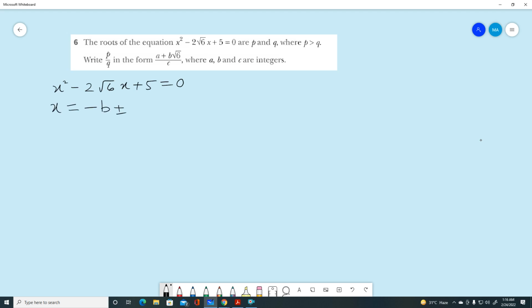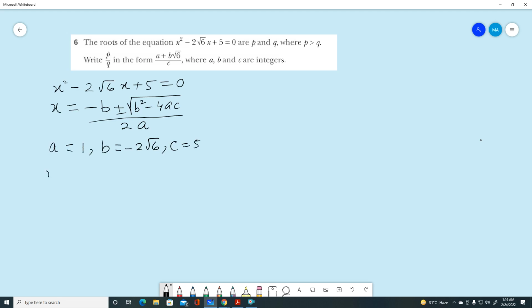So the quadratic formula is x equals minus b plus minus root of b square minus 4ac, upon 2a. What is a? The coefficient of x square, that is 1 in this case. What is b? The coefficient of x, that is minus 2 root 6. What is c? The constant, that is 5.